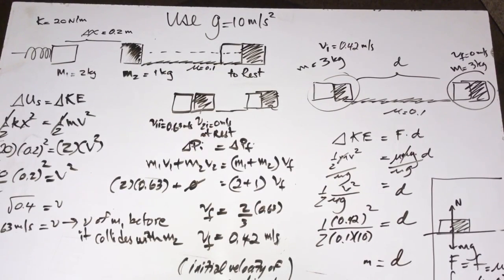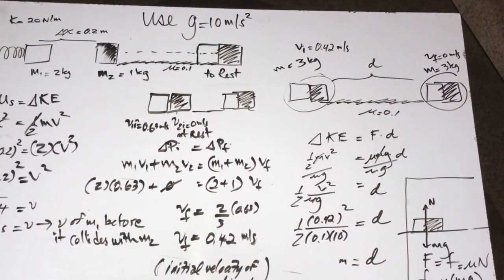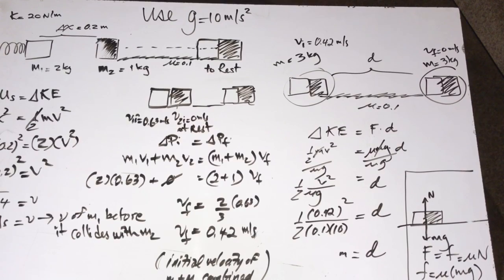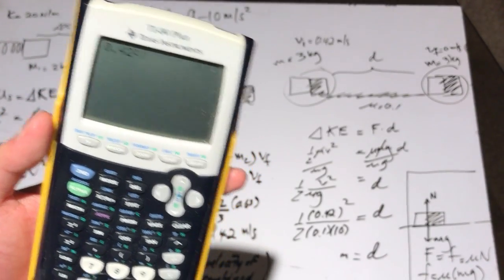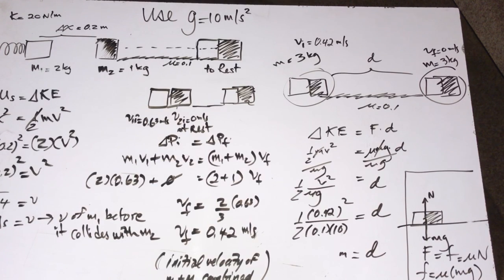So now, all we have to do is plug the values into the calculator. What you would do first is 0.42 squared, times 0.5, which is 1/2, divided by mu g.